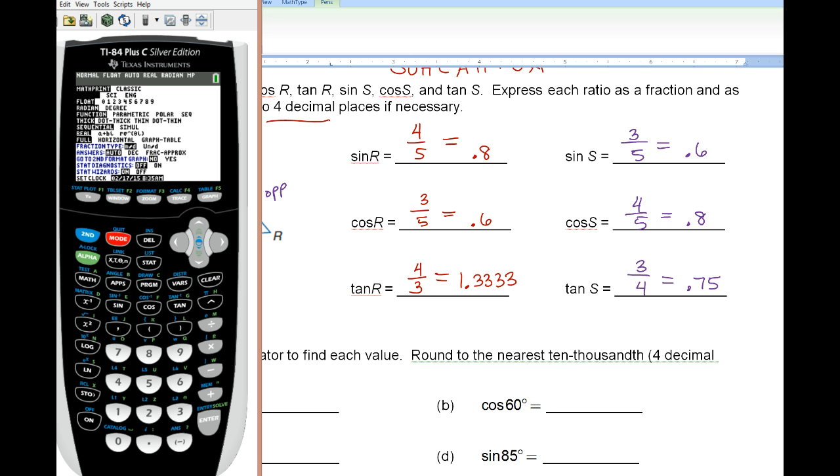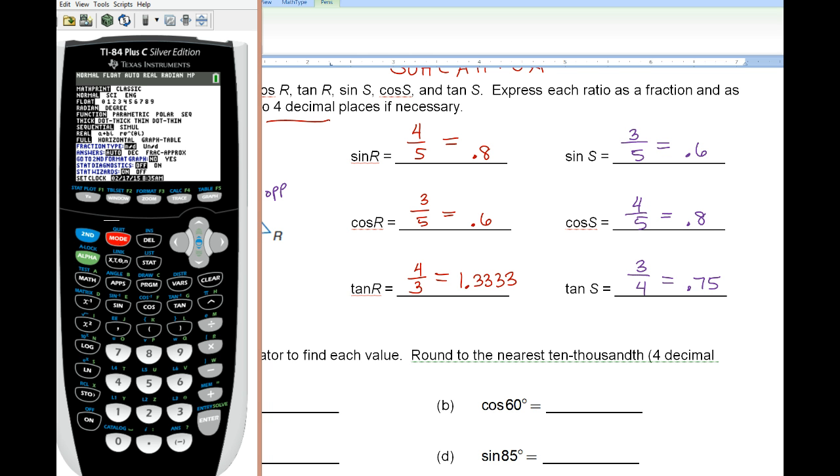Okay, so click that button. You don't have it. I'm just talking to the people with the graphing calculator. Chances are, if you're the first owner of this calculator, that the radian mode is highlighted.